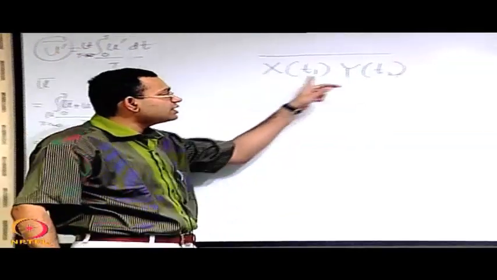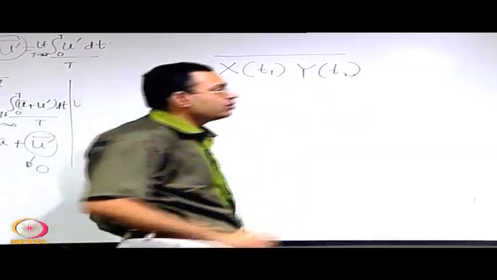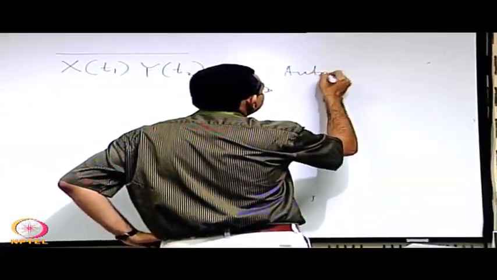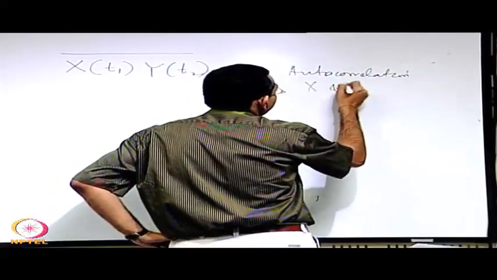If x and y are the same random variables, then it is called autocorrelation.